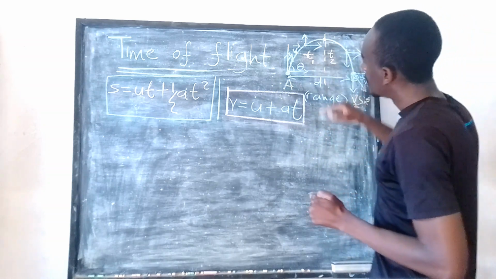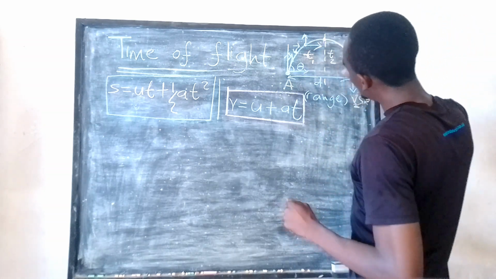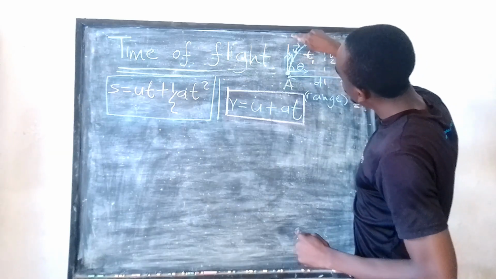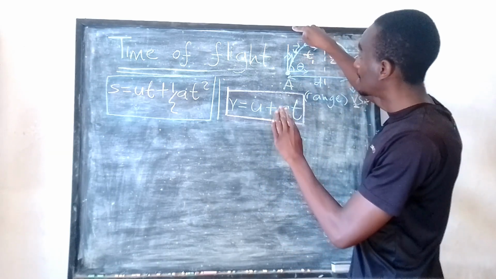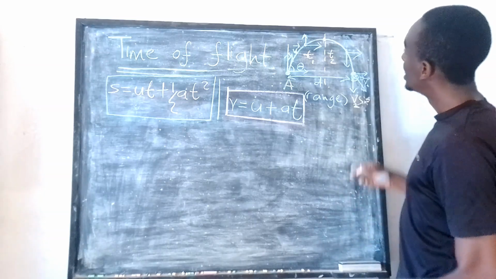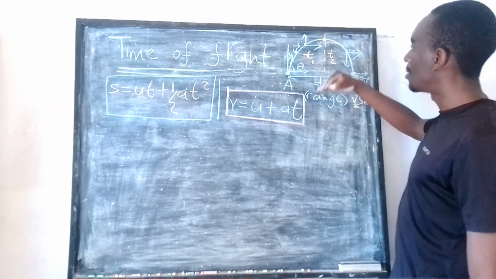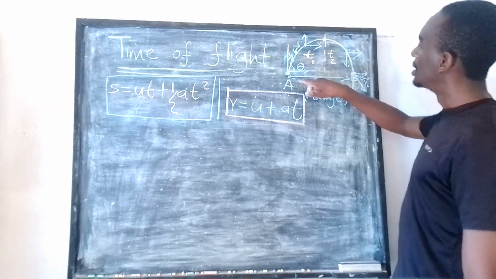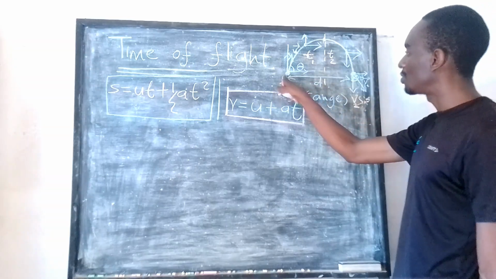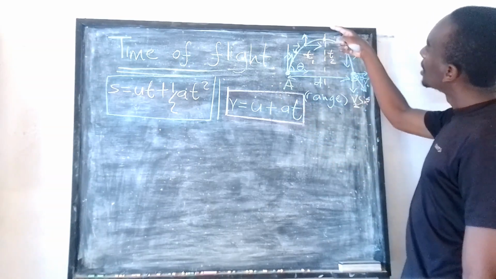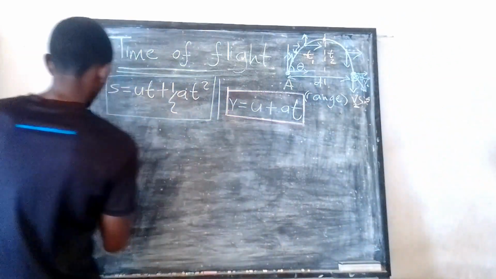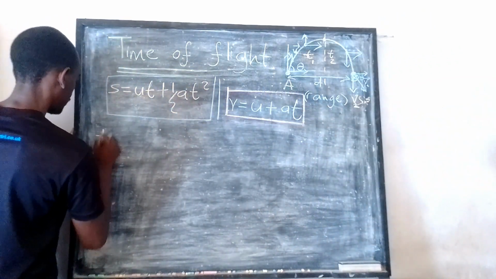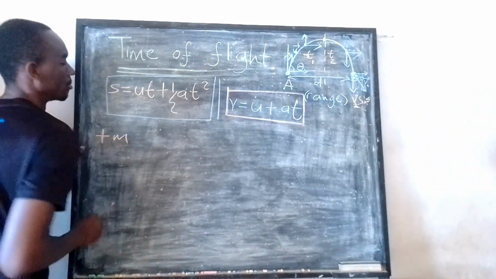So notice something. Our object during this motion goes up. When it goes up, it acquires a certain displacement. How do you find the displacement? It's simply the final position minus the initial position. So if we assign this first position at 0, we'll get a displacement of, say, positive m.